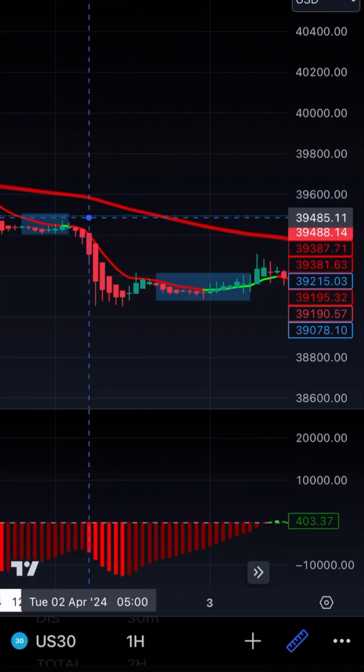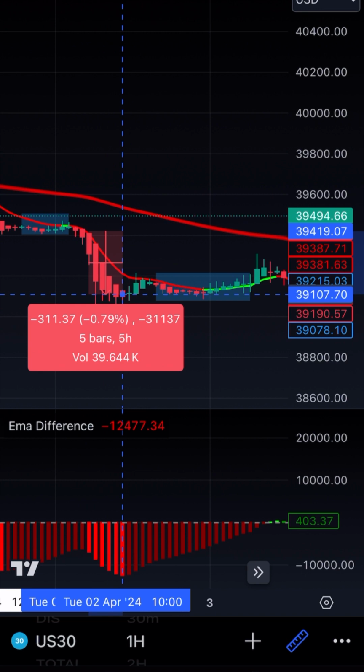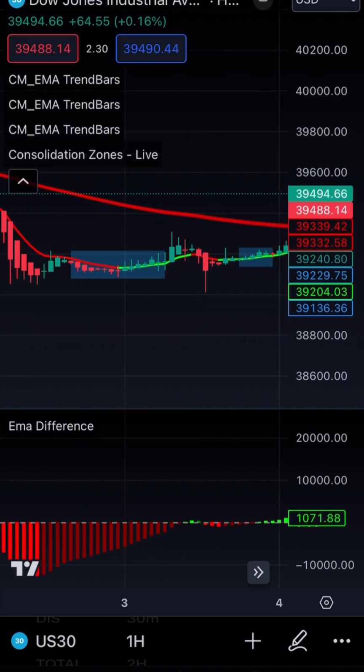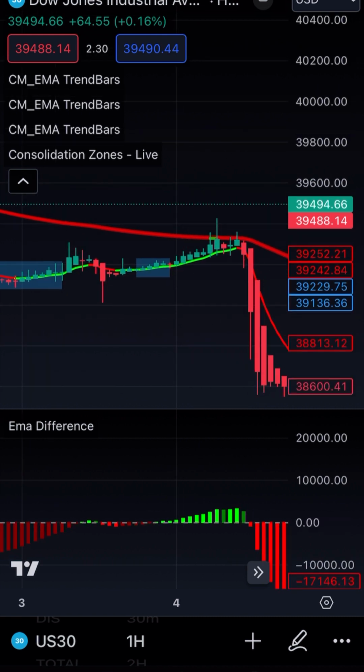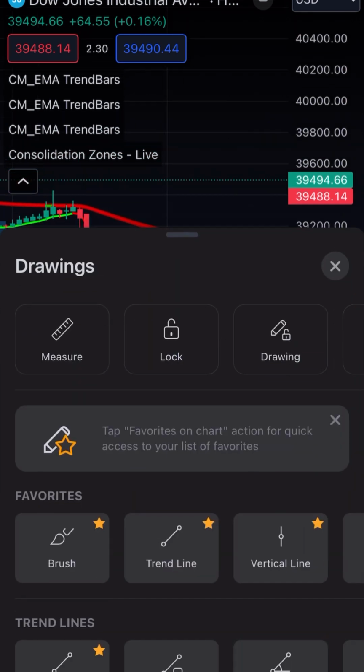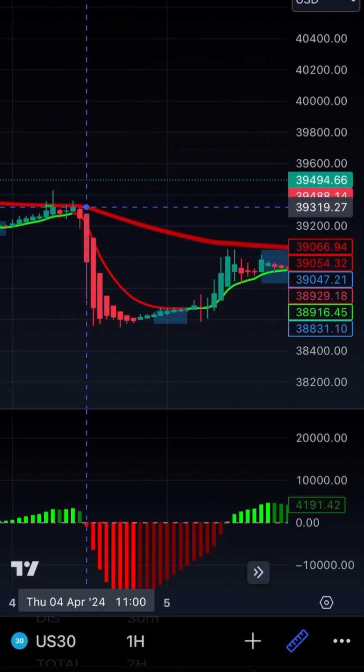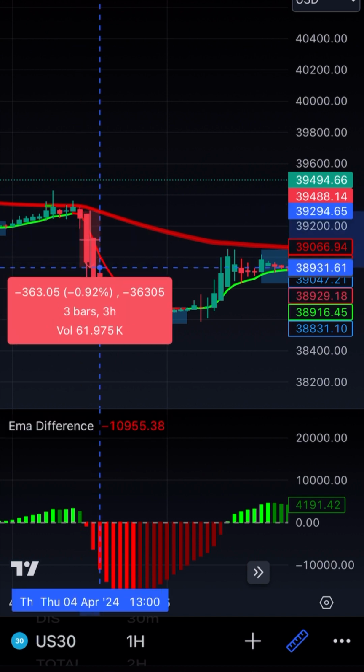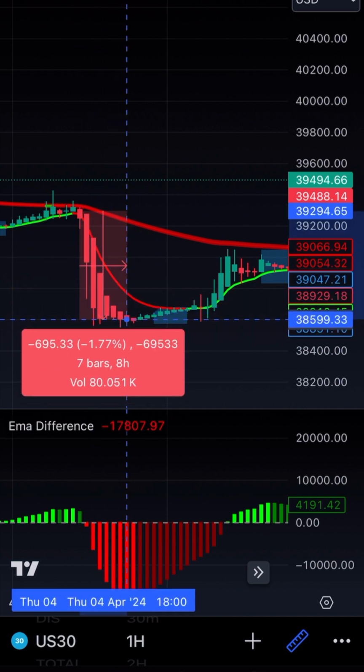From the cross, you got from here to here, which is $311. You got a little small one there. That one's consolidating right there. And you got this one right here to here.